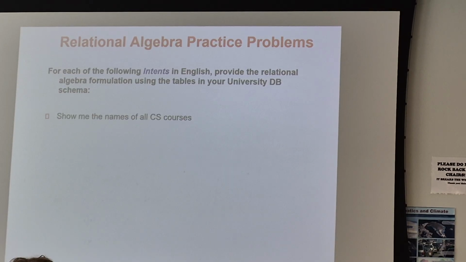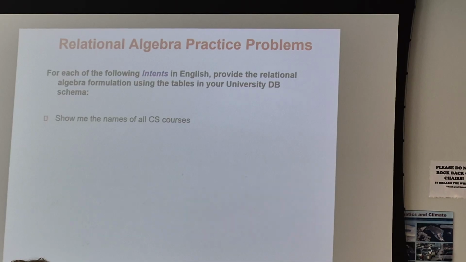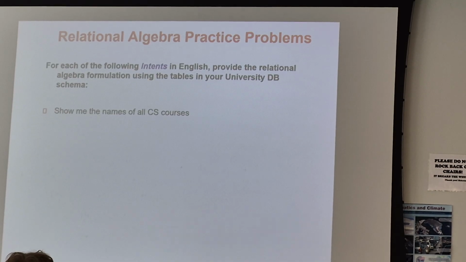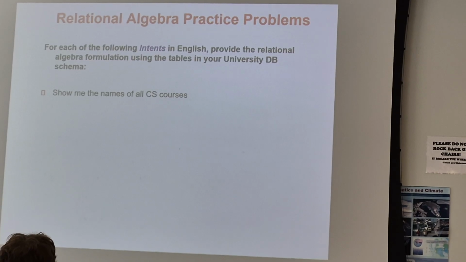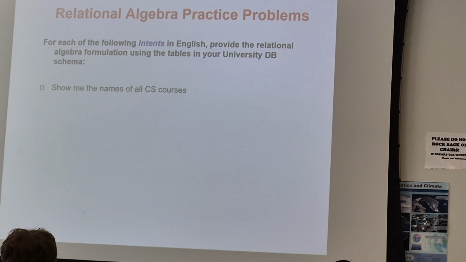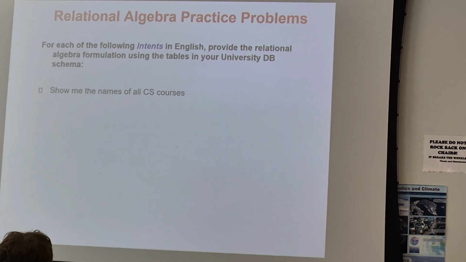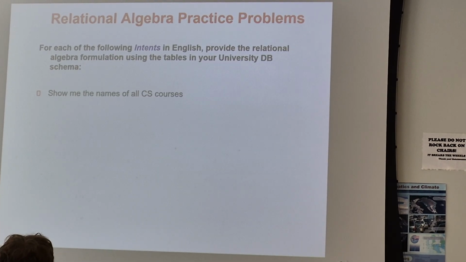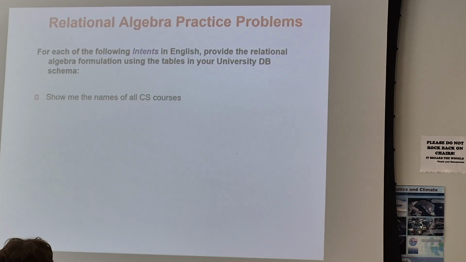Let me start with something simple. From the stuff that you've seen so far today, Dalton, if I were to ask you on the next homework to translate this human intent into something that a relational algebra system could understand, using probably mostly these symbols here.